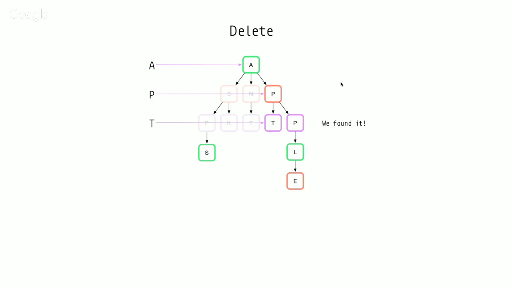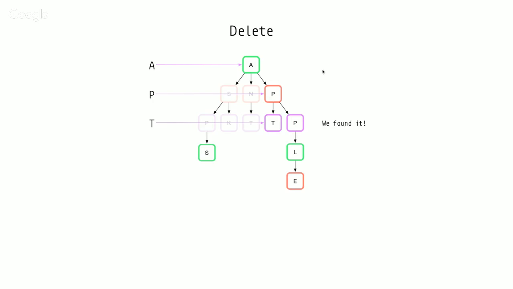We found T, and what we do next is we don't want to delete all of these nodes, because some of them are required in the try to represent other words. For example, if we deleted P, then we would break the link between the A and the apple word, basically. The apple word would be gibberish at that point.